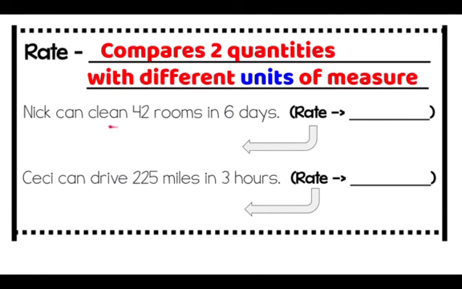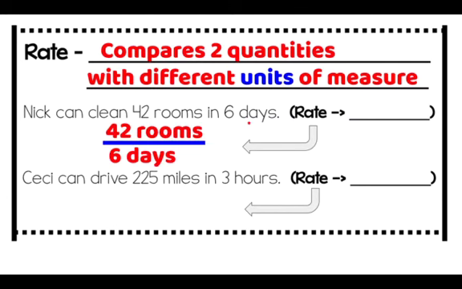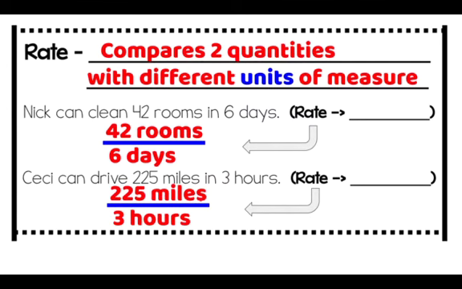So going back to these examples, if Nick can clean 42 rooms in 6 days, his rate is 42 rooms per or in 6 days. Cece can drive 225 miles in 3 hours. His rate is 225 miles per 3 hours.